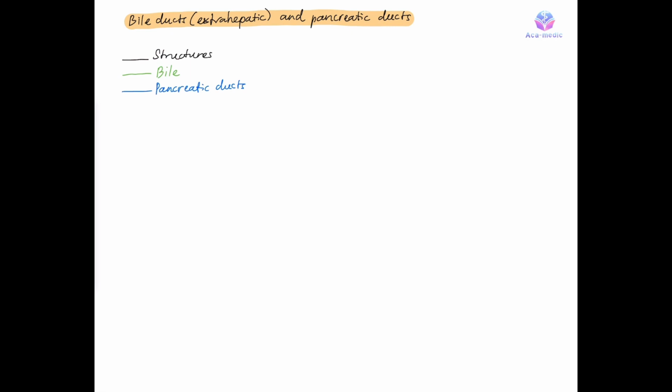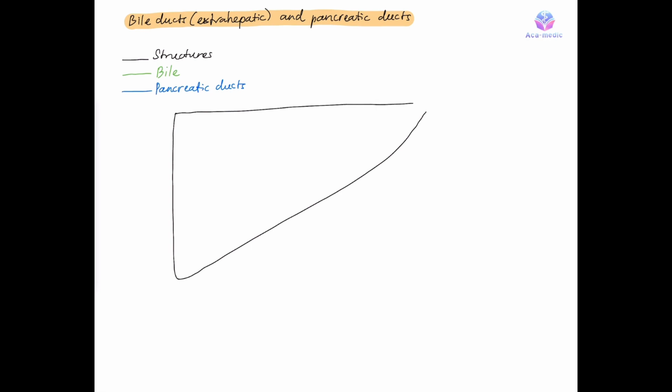All right, now that we have all these three disclaimers out of the way, let's draw out some structures. First off, the thing that we're going to draw is the liver. Just like before, we are going to use a triangle to draw out the liver, like this, with three sides like that.